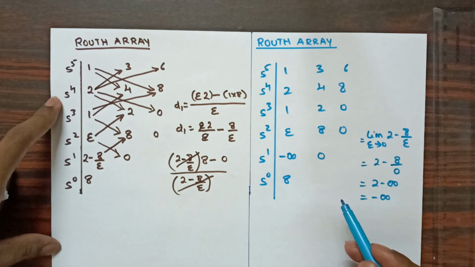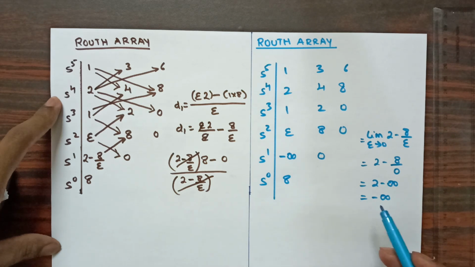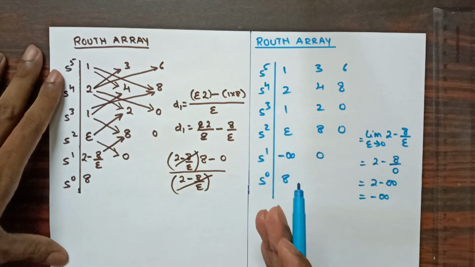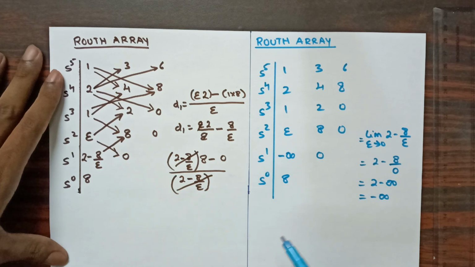Therefore 2 poles are on the right hand side of the S plane, therefore the system is unstable. Of 5 poles, 2 are on the right hand side, meaning the remaining 3 poles are on the left hand side of the S plane. As we know, if any one pole comes to the right hand side, the system becomes unstable.